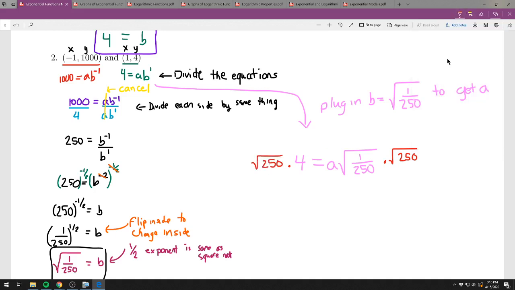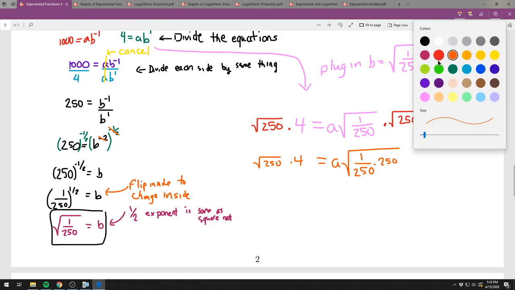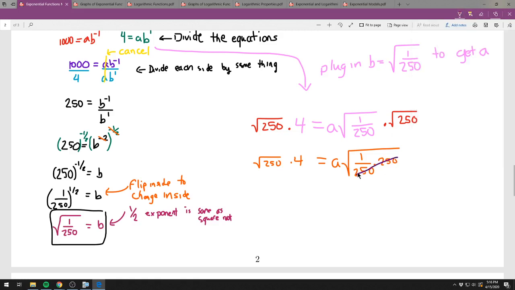Now, just to show you the very brief step of why this works, these are going to cancel out because when you multiply square roots, we can multiply their insides. And then if we simplify this, the 250s cancel out and we're left with the square root of 1, which is just 1.